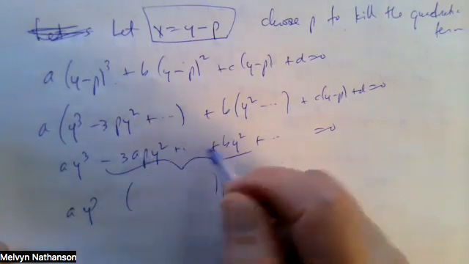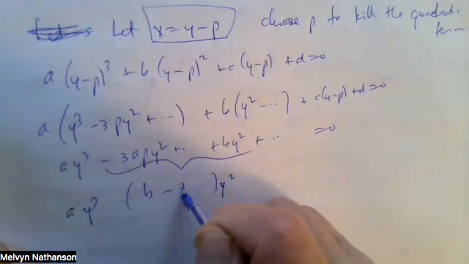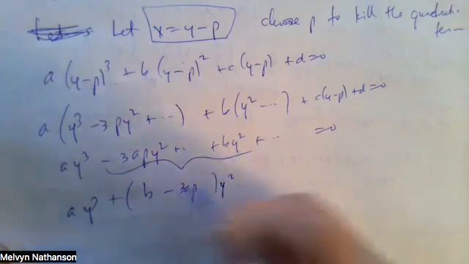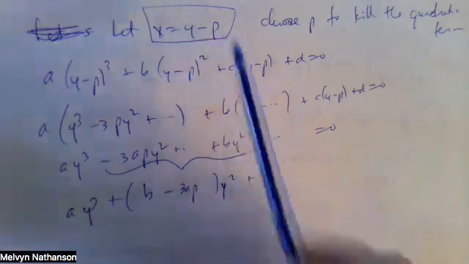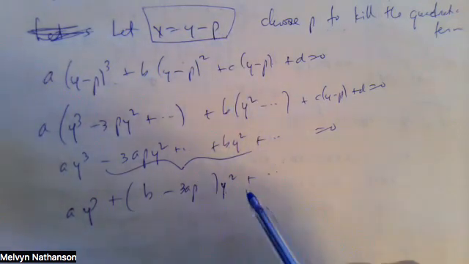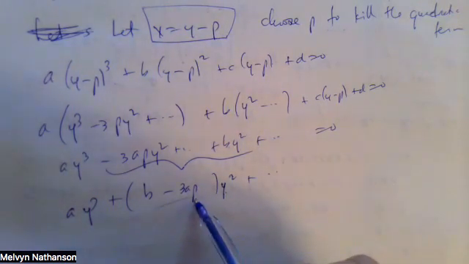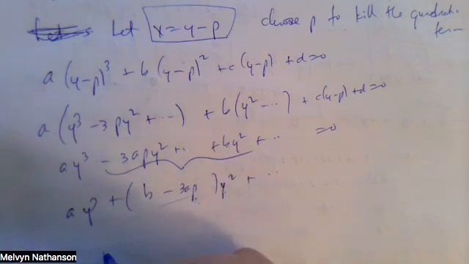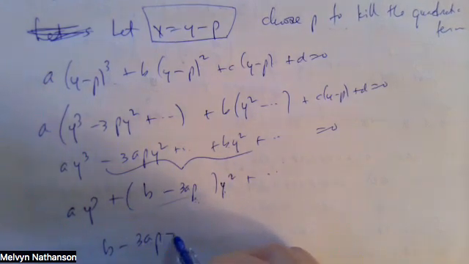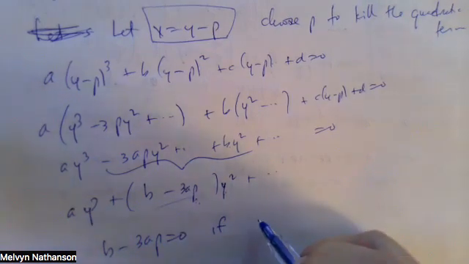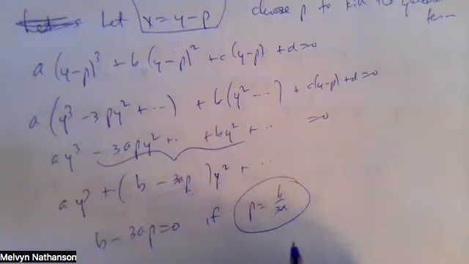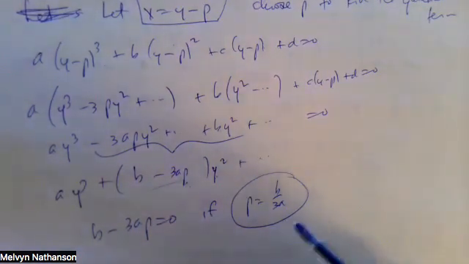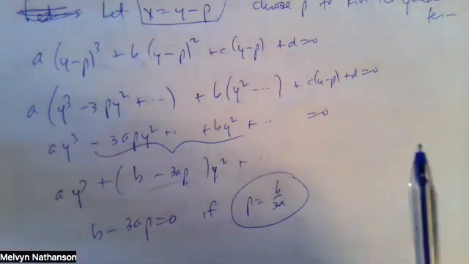I have minus 3ap plus b, or b minus 3ap. Right? So if I just substitute y minus p, the coefficient of y squared is this, and I want this to be 0. So b minus 3ap equals 0, so p is equal to b over 3a. So I could also work backwards and see this is what I have to choose p to be. I have no other choice.